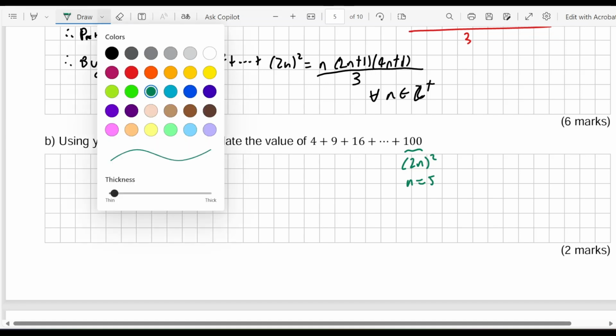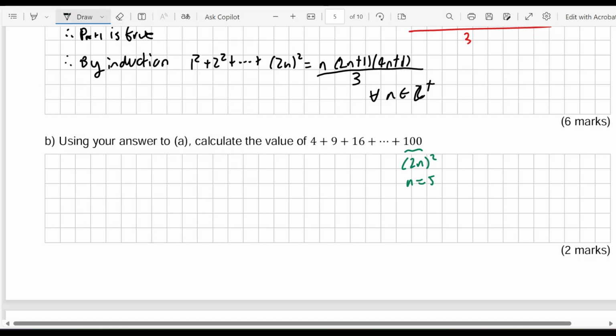So if we look at our conjecture with n equals 5, that tells me that 1 squared plus 2 squared plus up to 2 lots of 5 squared has got to equal 5, 2 times 5 plus 1, 4 times 5 plus 1, all over 3.